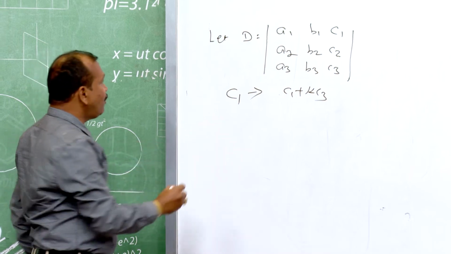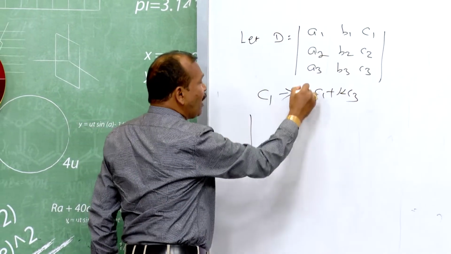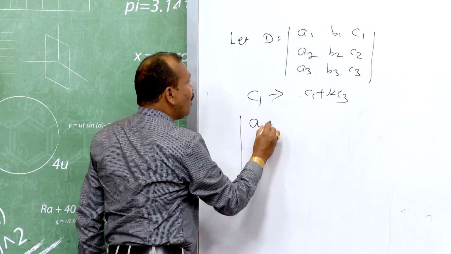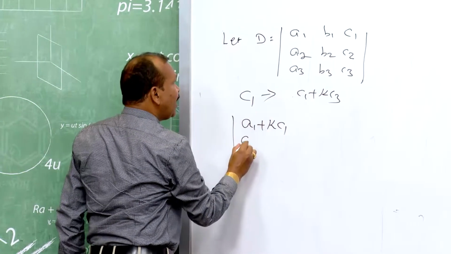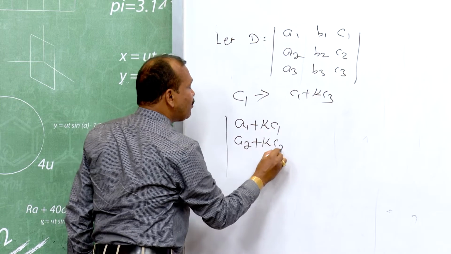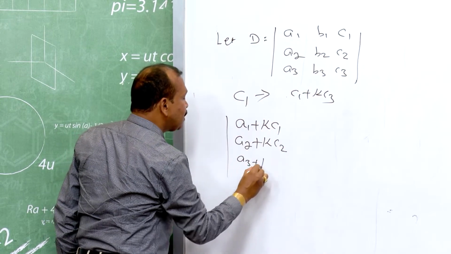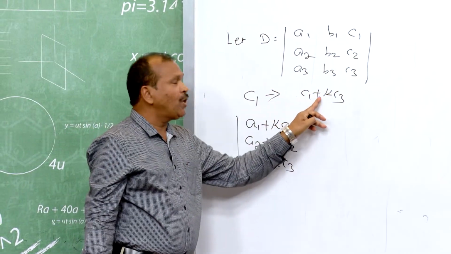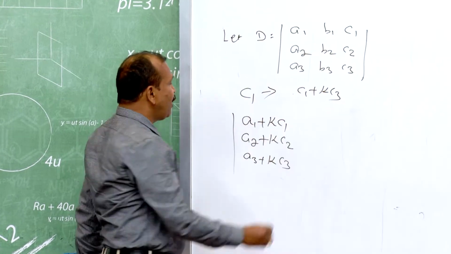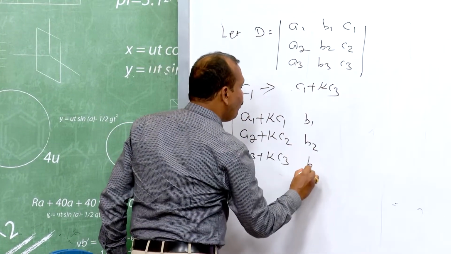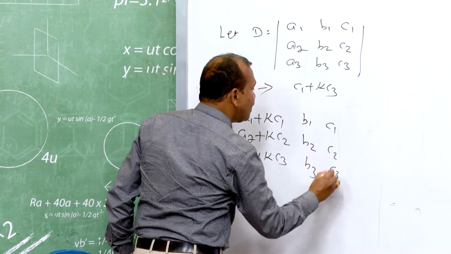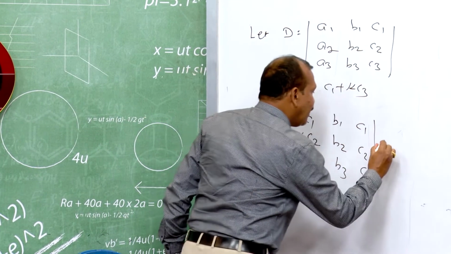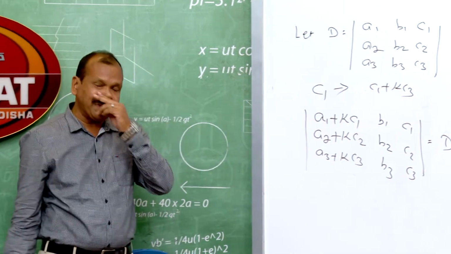That means the determinant becomes, column 1 changed to A1 plus k times C1, A2 plus k times C2, A3 plus k times C3, and B1, B2, B3, C1, C2, C3 remain unchanged. This determinant value becomes D.